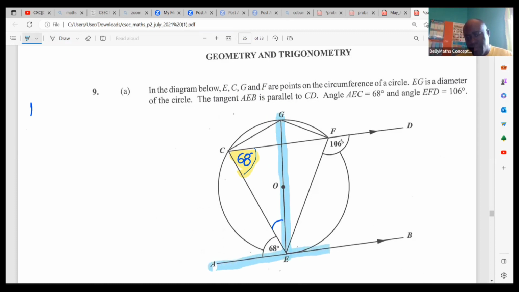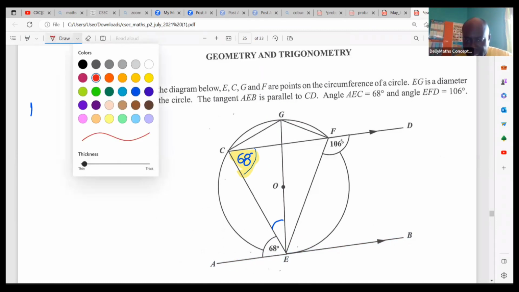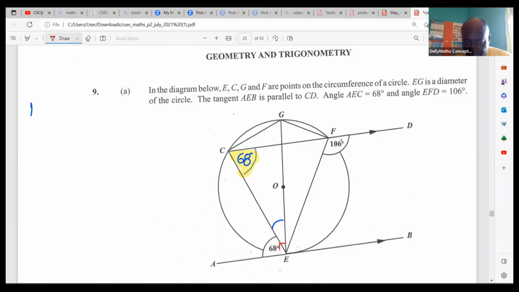AB, or AEB, is a tangent. And so two radii would make one diameter. The rule that says when a radius meets a tangent, the point of contact is 90 degrees will apply here. So this angle here is 90 degrees.